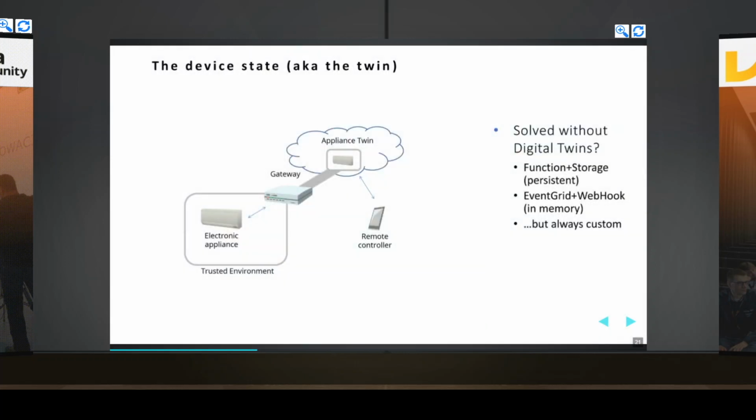At first sight, many people ask why we need digital twin, why we do not implement custom logic, because for most solutions, of course, it is possible. I already mentioned this. We can trigger specific logic from the device to the backend services using custom implementation.